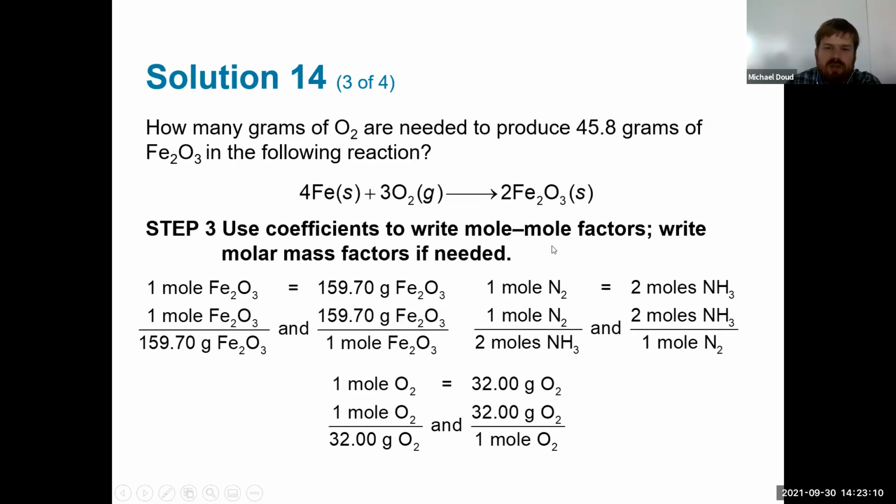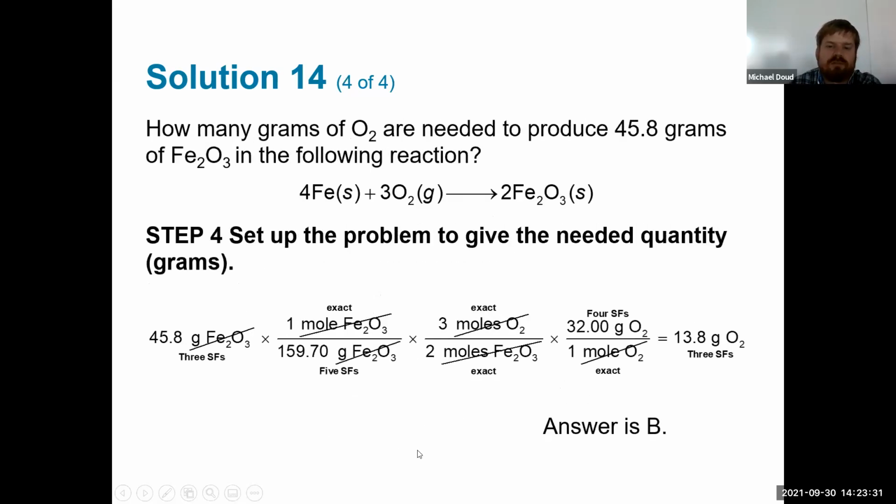Next up, we know that we produce, oh, this is the wrong one here. Sorry about that. Looking at it here now, we know that we use 3 moles of oxygen for every 2 moles of iron 3 oxide. So it's a 3-to-2 ratio there. And then finally, we know that oxygen has a molar mass of 32.00 grams.